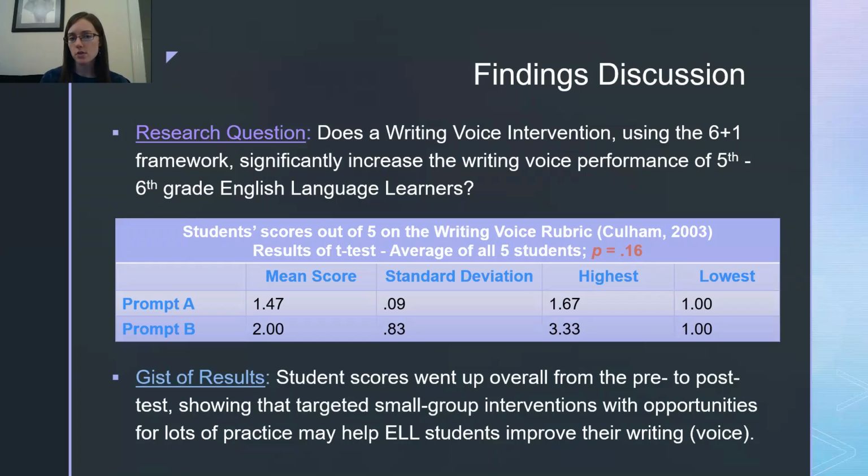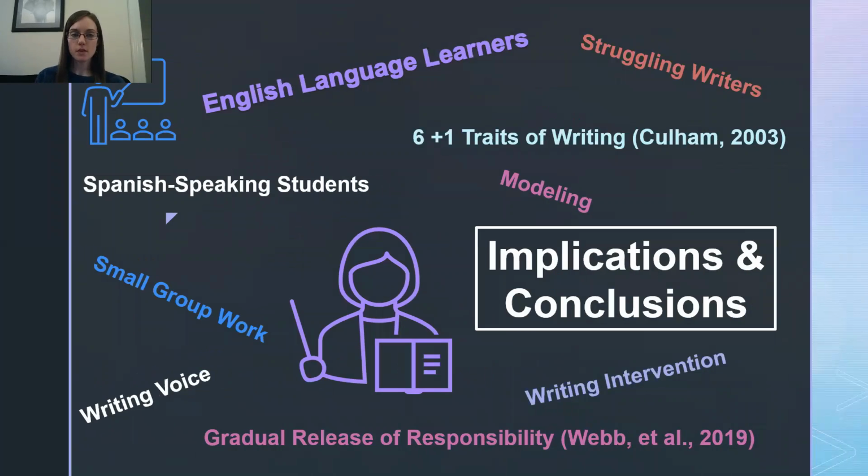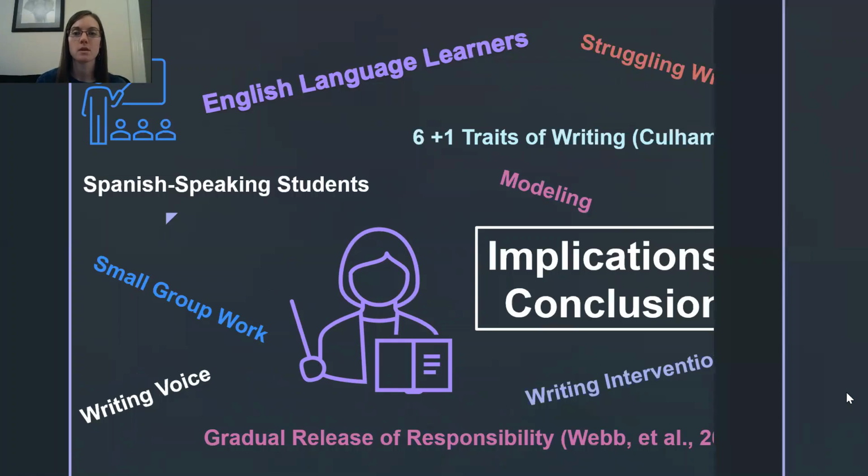The gist of those results was that students' scores went up overall from the pre to the post test, showing that targeted small group interventions with opportunities for lots of practice may help L students improve their writing voice. So then to dig into those findings a little more with implications and conclusions, again, this icon will take you back to the table of contents if you would like.